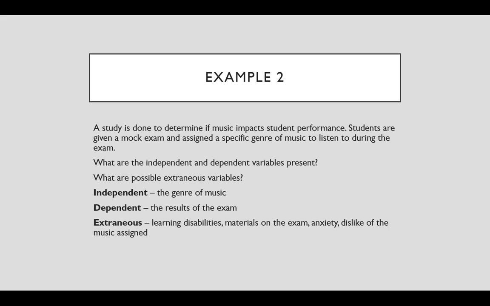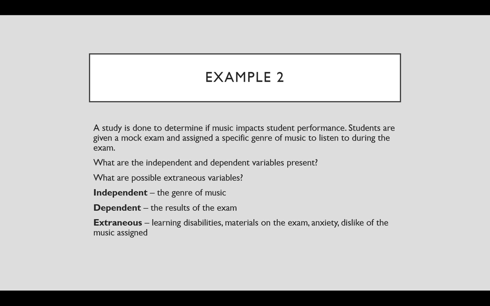You might expect students with learning disabilities to perform a little bit less, especially if they have not had extra tutoring, but that is just for this study. This is just a mock example. I'm not saying that's true for students with learning disabilities, but a learning disability could affect this study.